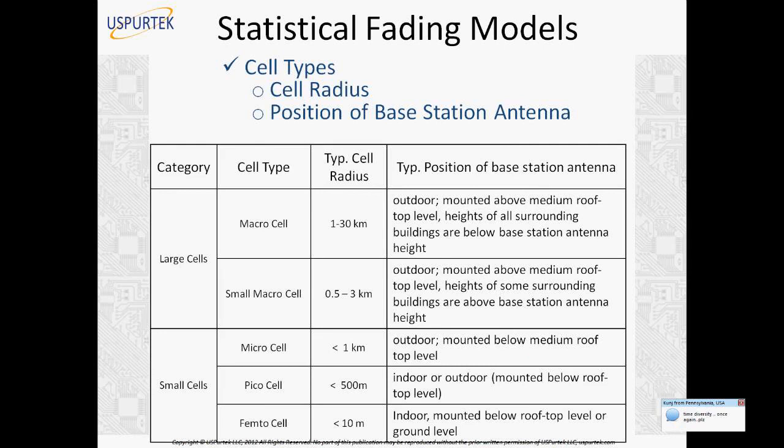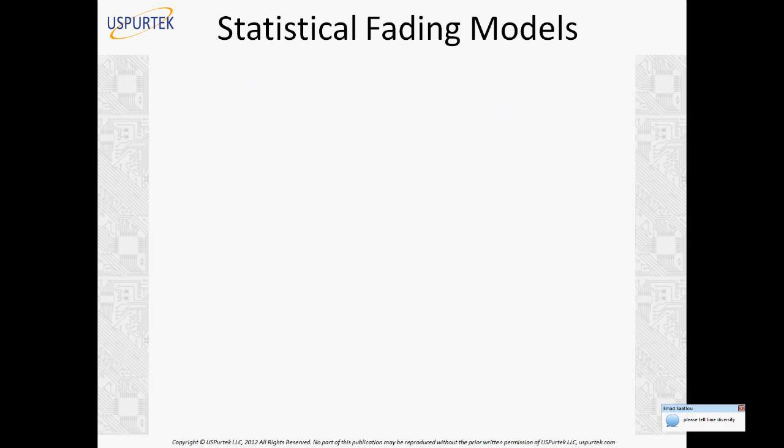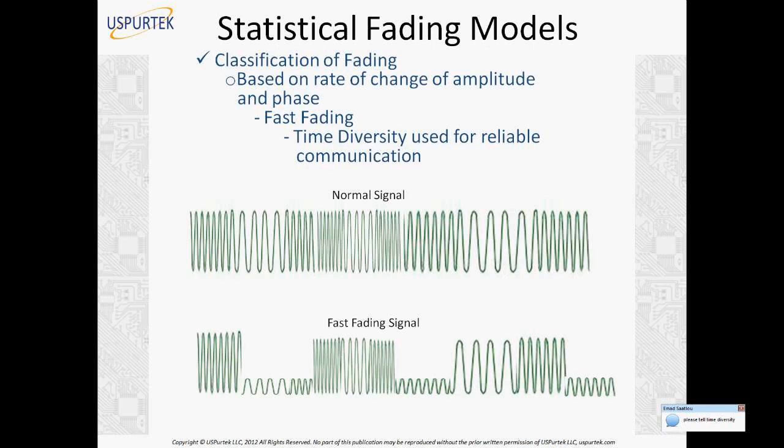Okay, there is a question about time diversity. Let me go back to the slides. In this illustration of the fast fading signal, the strength of the signal is varying with time, right? As you go right on the x-axis, the signal level changes. It suddenly rises to a very high level, suddenly drops to a very low level.